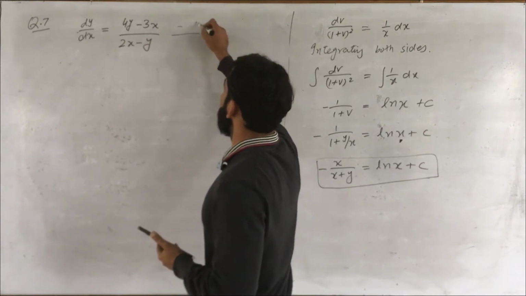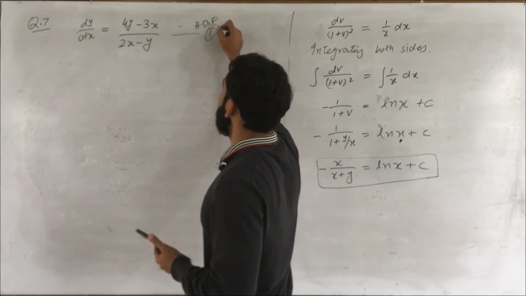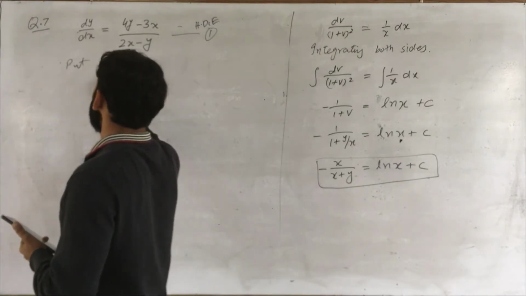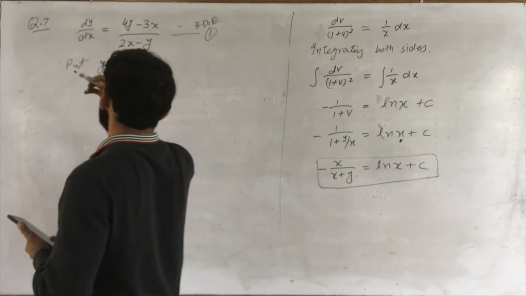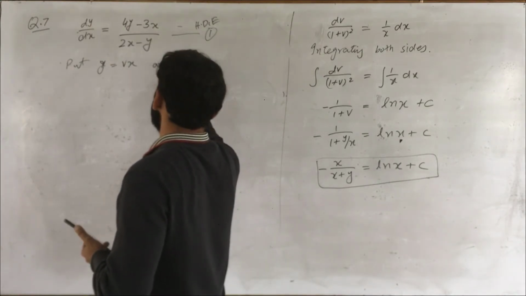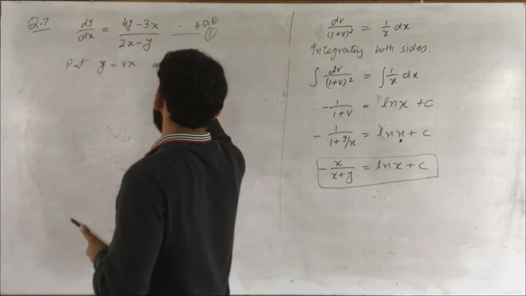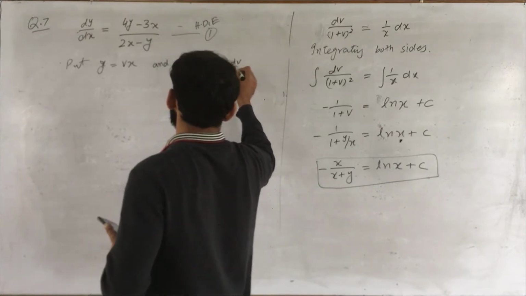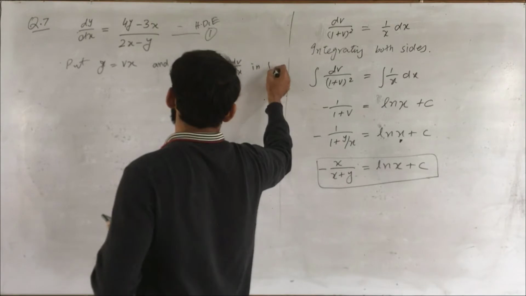For a homogeneous differential equation, we directly put y is equal to vx and dy over dx is equal to v plus x dv over dx in equation number 1.